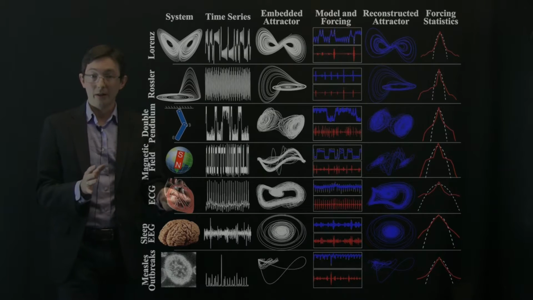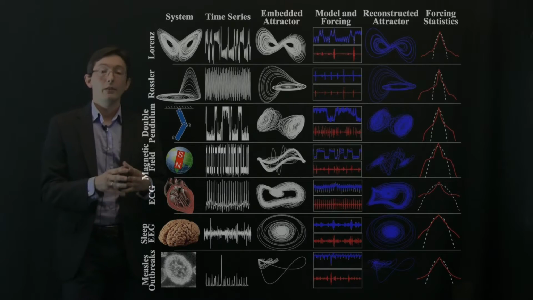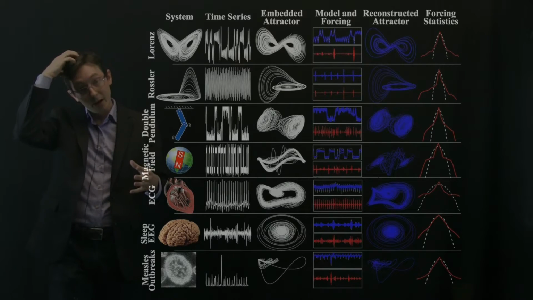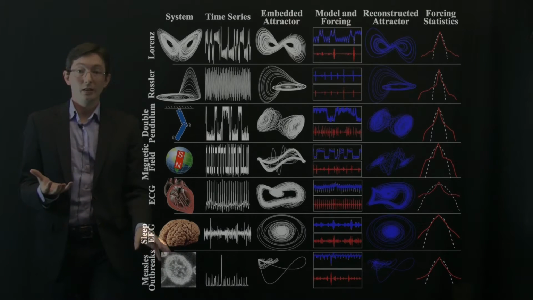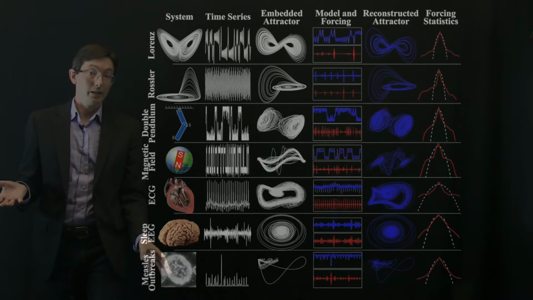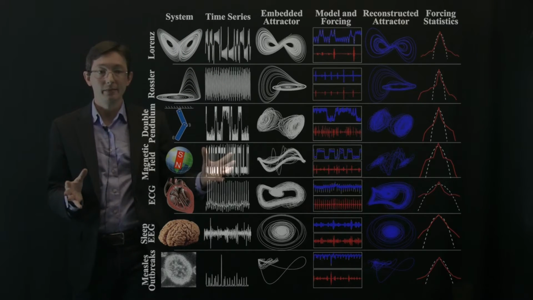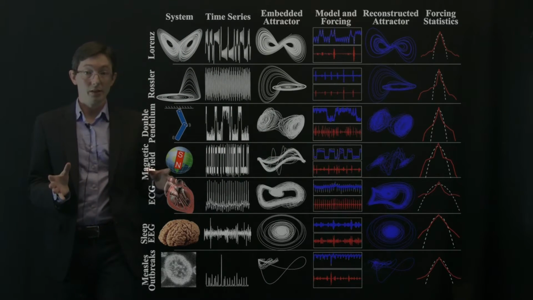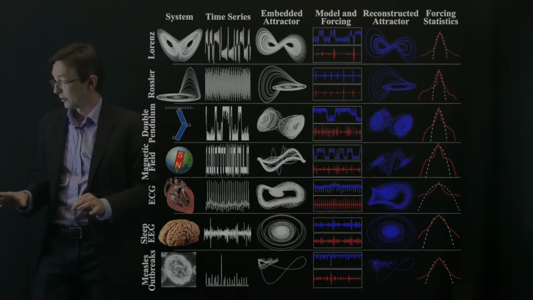ECG electrocardiogram data for heartbeats, EEG electroencephalogram for a patient that's asleep and their brain is being measured, down to measles outbreaks. So this is real historic measles data from New York City. So you can apply this HAVOK analysis to all of these systems, and you get very interesting predictions. And you can download all of the code and look at any of these examples more yourself.